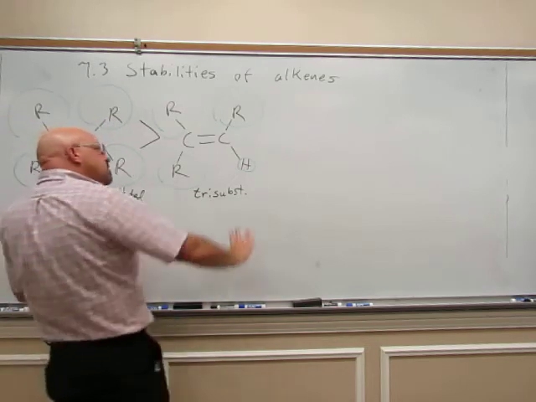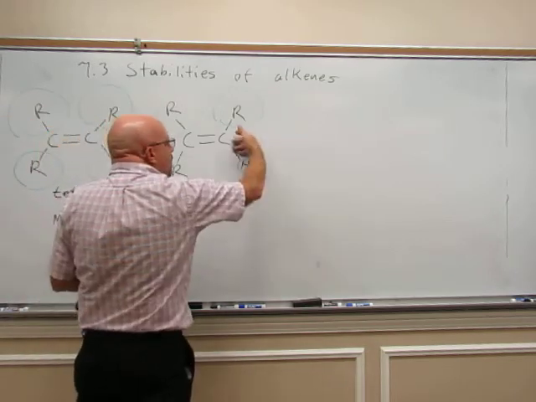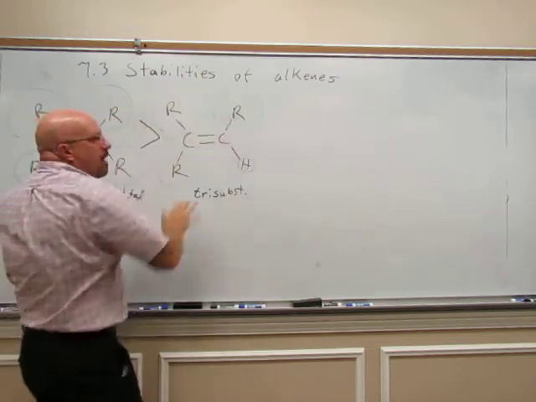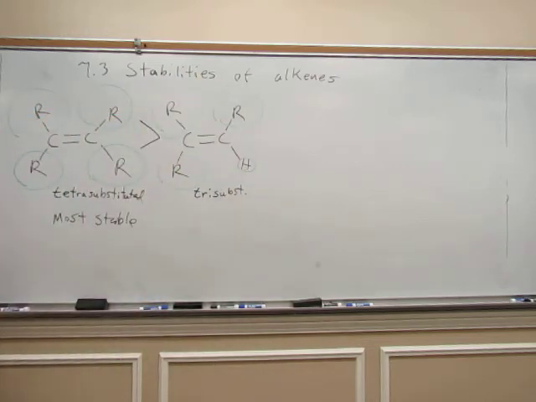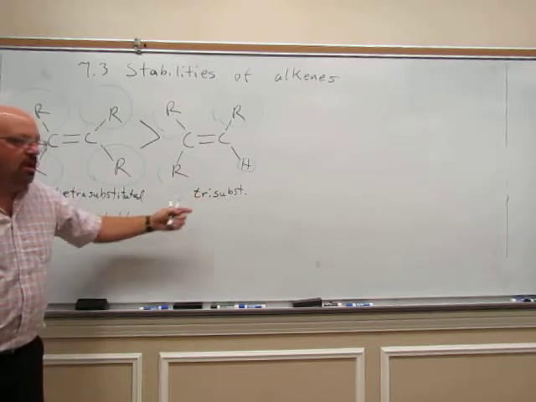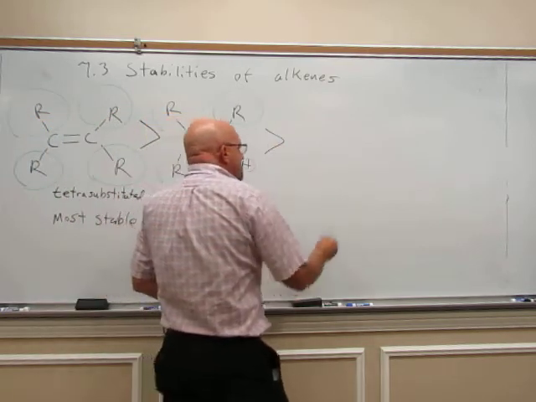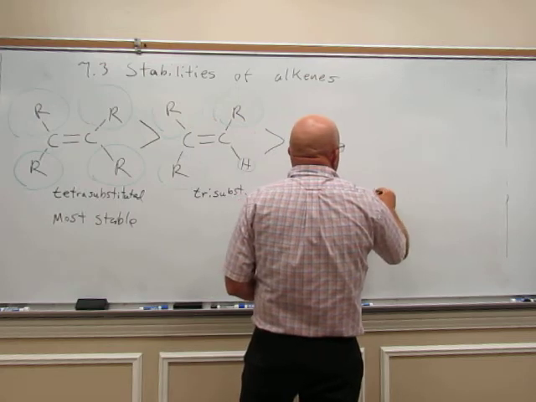So if something wants to come in and react with that double bond, it can come in on this side. It's blocked on the other side, but we have one side there that's pretty open. So the tetrasubstituted is always going to be more stable than a tri-substituted. Tri-substituted is always going to be more stable than a di-substituted.